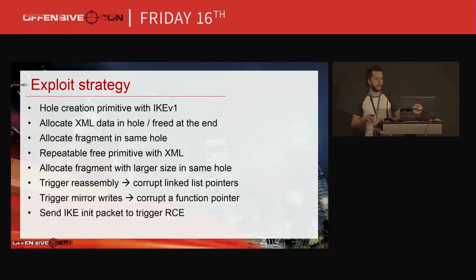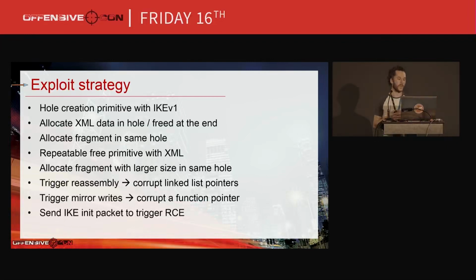So our strategy, before we go through the different steps, is we want to massage the heap to do some feng shui. We want to leverage our double free primitive, which we're going to see we call a repeatable free primitive.